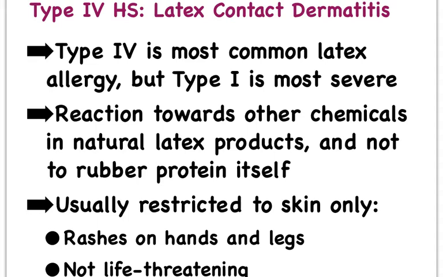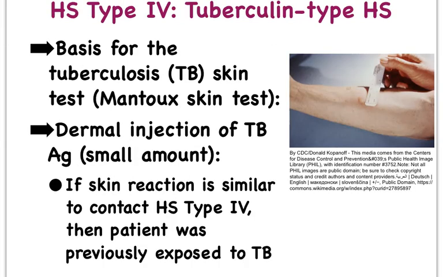Type 4 latex allergy, also called latex contact dermatitis, is much, much milder, and it's really mostly just restricted to the areas of contact, such as the hands and the legs, and not life-threatening, unlike type 1, which can be very life-threatening.